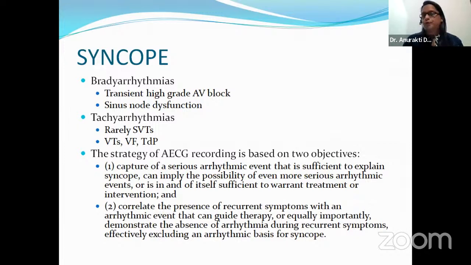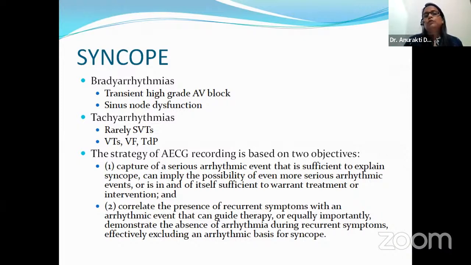Syncope can be due to bradyarrhythmias, as we all know, or tachyarrhythmias. Among tachyarrhythmias, I would say supraventricular tachycardia is very, very rarely the cause of syncope. A patient can feel a bit dizzy, but syncope is very rare, unless there is accompanying heart failure. Ventricular tachycardias, VF and torsades de pointes can definitely lead to syncope.